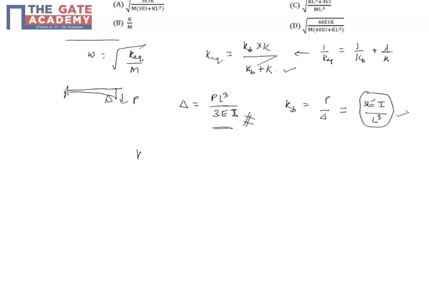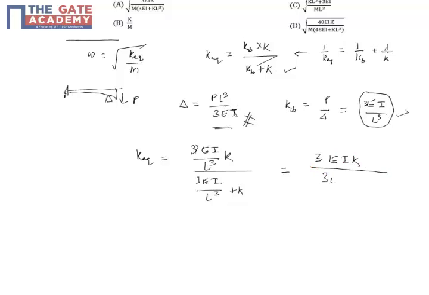So K equivalent is 3EI by L cube into K by 3EI by L cube plus K. I think L cube will get cancelled. So it is 3EI K by 3EI plus K L cube.